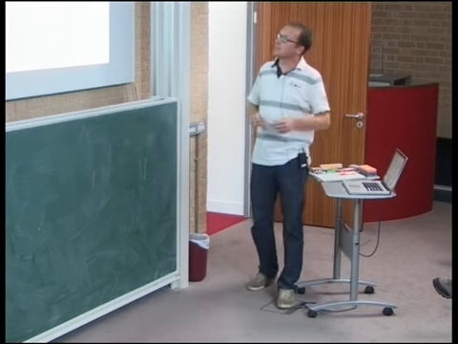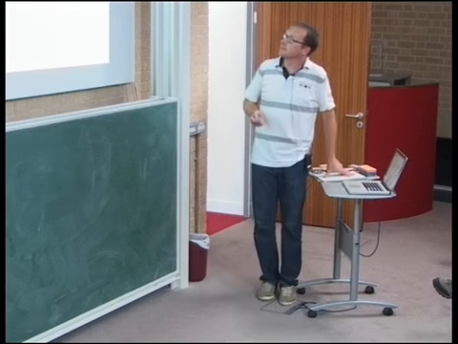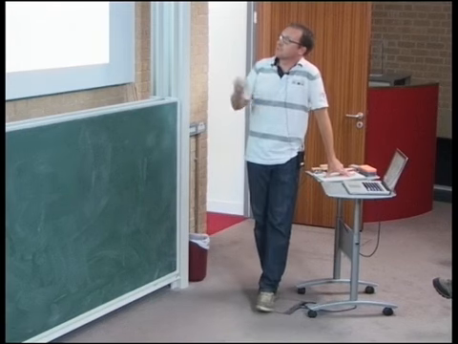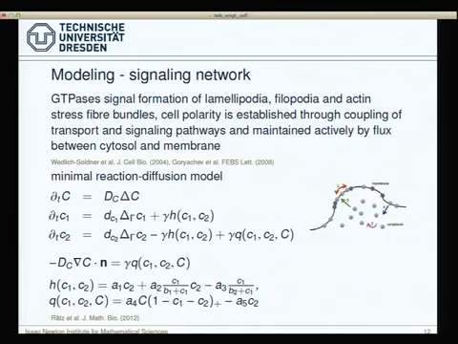Now let's come to this signaling network. And as I said, there are these GTPases responsible for this, and they signal the formation of, well, these lamellipodia, filopodia, actin stress fiber bundles, and so on. They are actually quite well known. However, in the biology literature, these signaling networks are typically written down as a one-dimensional model, and there are very few exceptions for that.